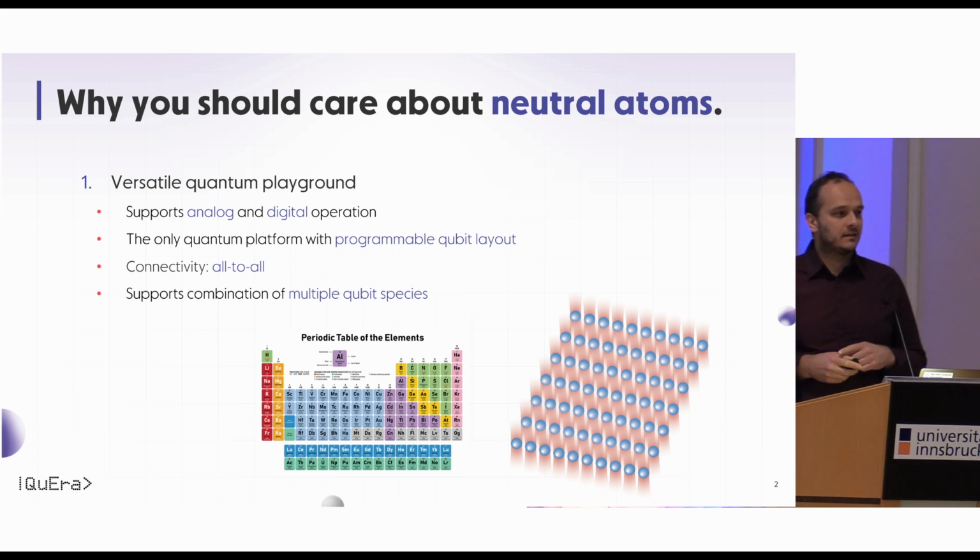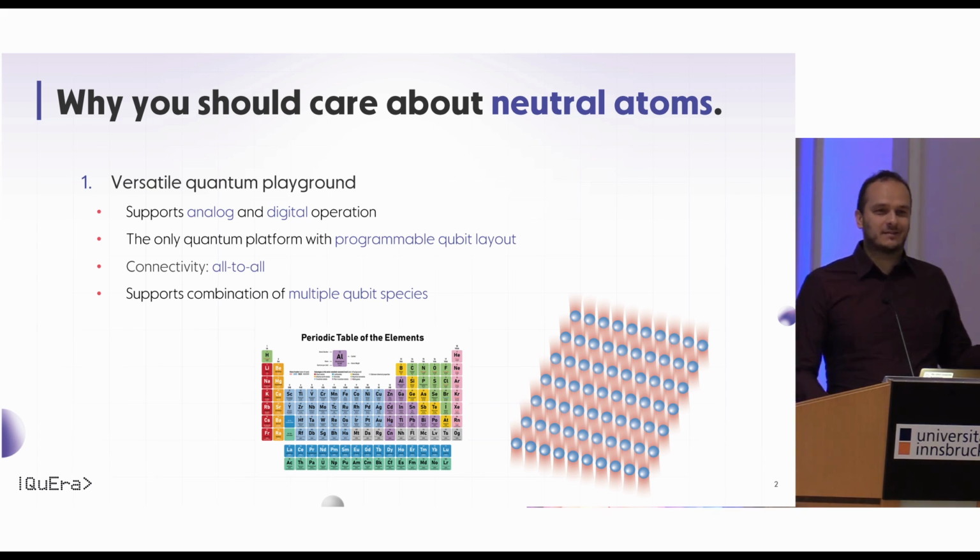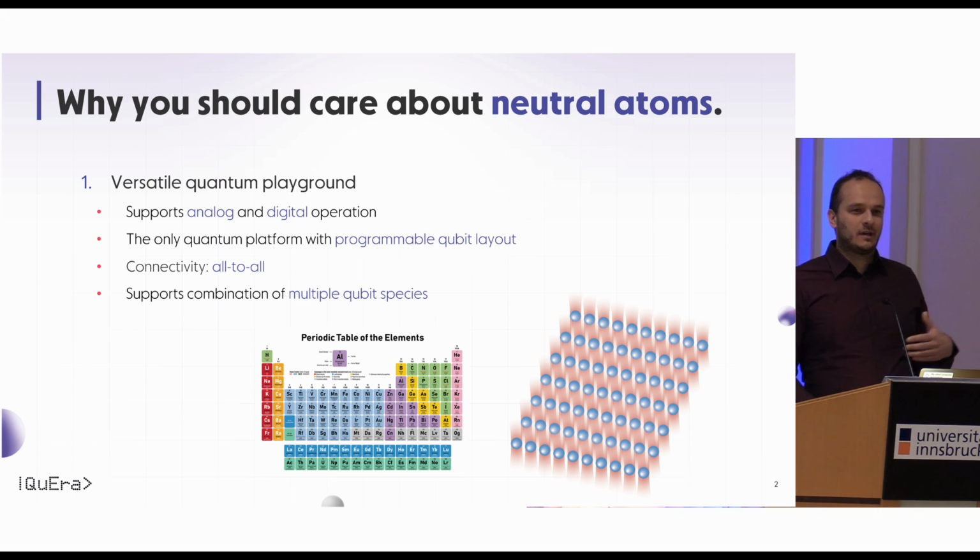The connectivity can be all-to-all, and that is not something that Hannes talked about today, or I will talk about. But actually, by moving those qubits around in the middle of the coherent evolution, you can create all-to-all connectivity, and that's going to become the basis for a digital-based kind of fault-tolerant quantum computer based on neutral atoms that's coming out.